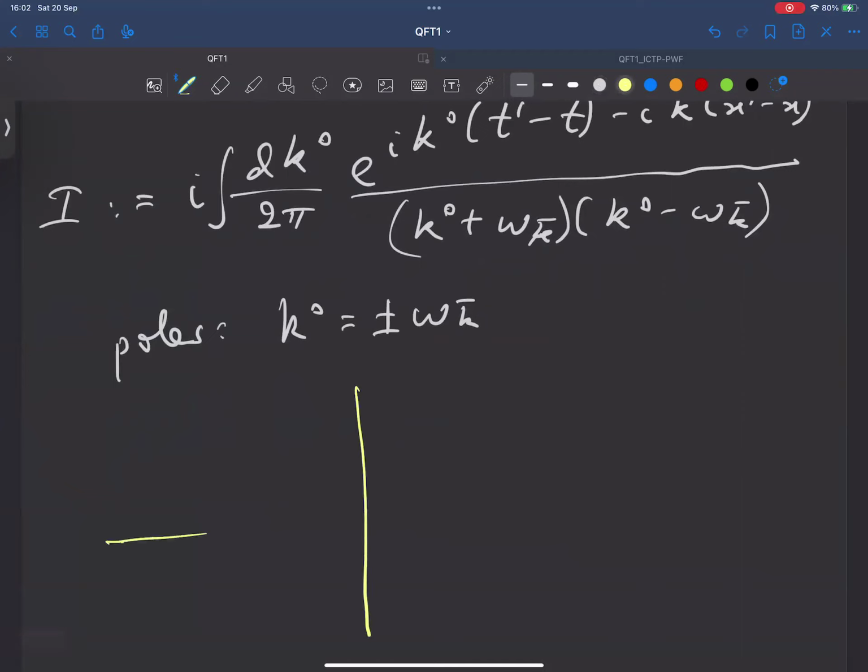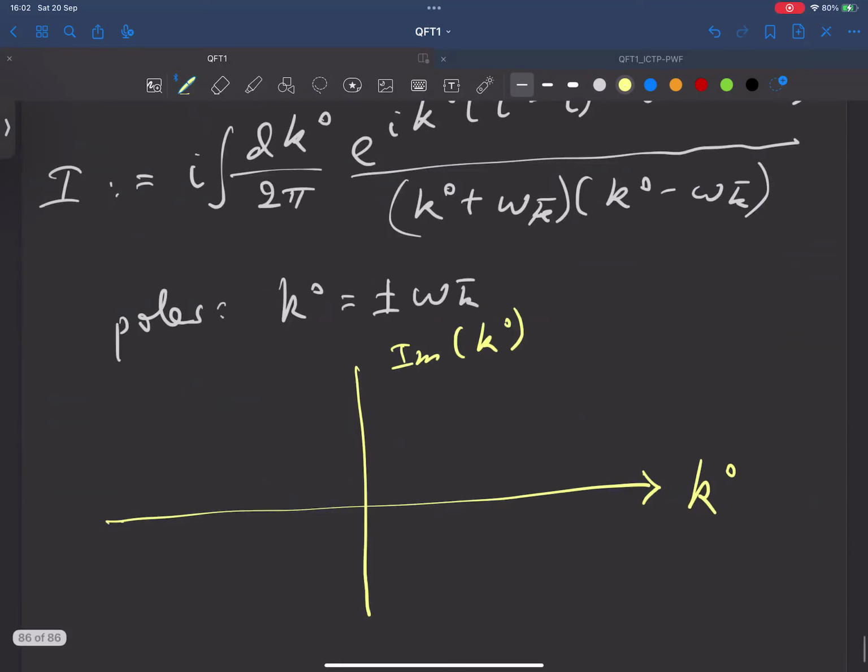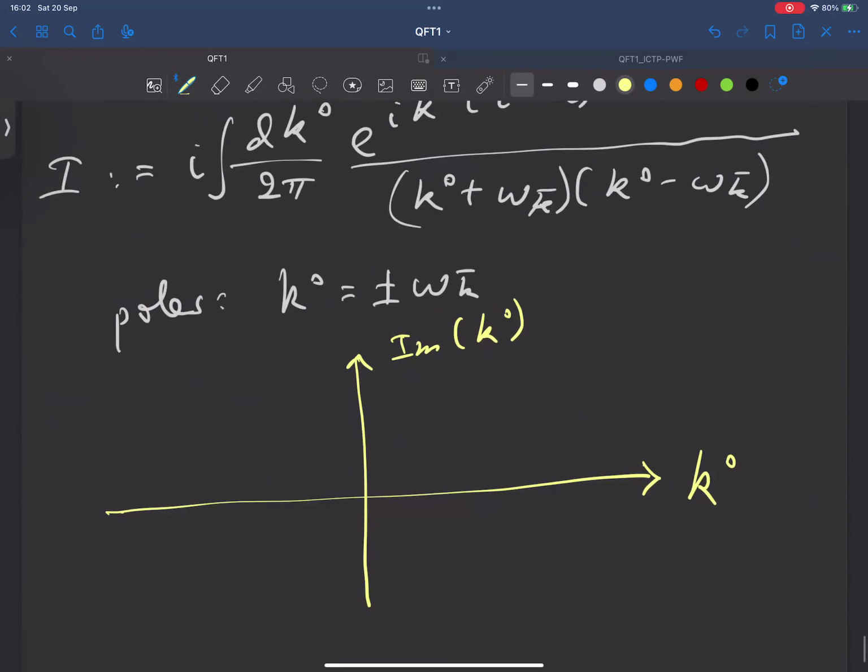To begin with, this is my k0 space, and this is the imaginary part of k0. The poles lie here on the real axis at minus omega_k and plus omega_k.